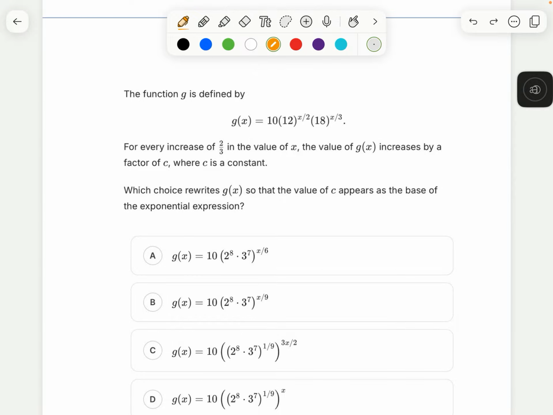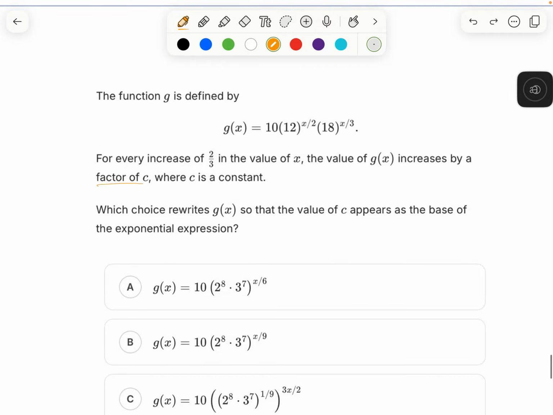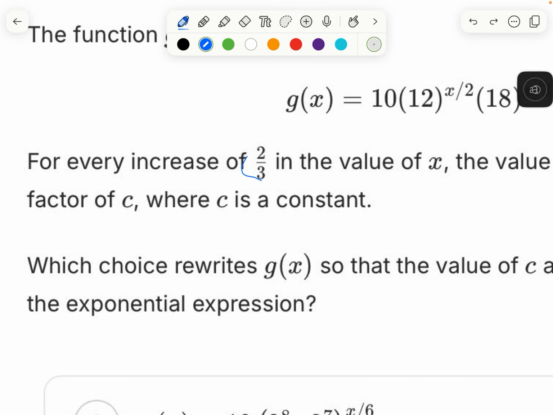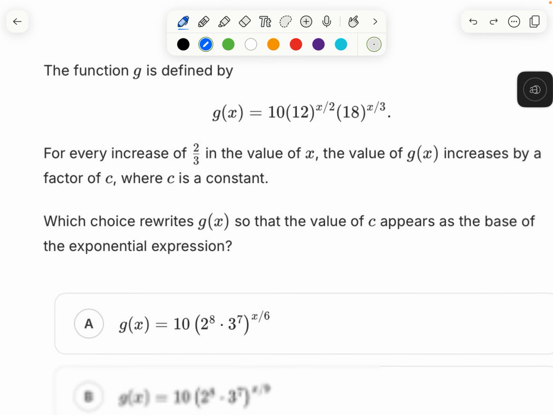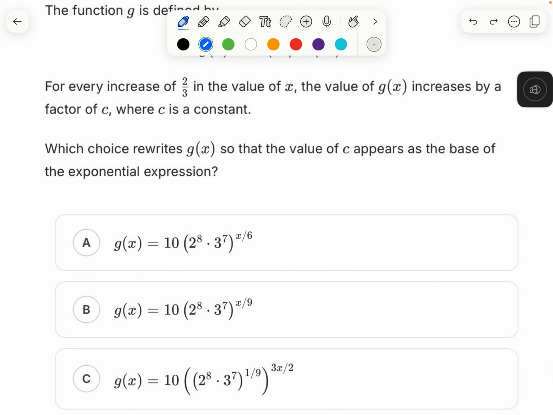Essentially in this problem, first of all, we have to find what the factor of c is. The factor of c is whatever the value of g of x increases by when you increase the value of x by 2/3. And then you have to use that to rewrite g of x so that the value of c appears as the base.